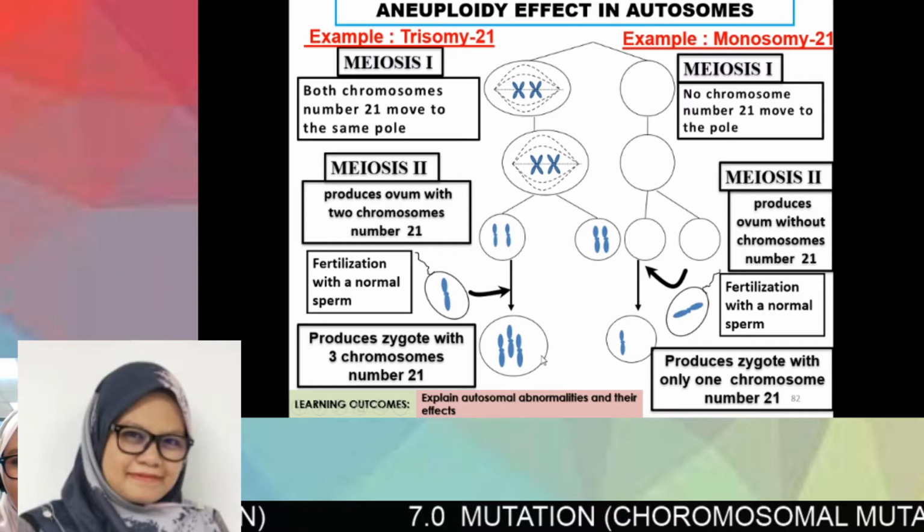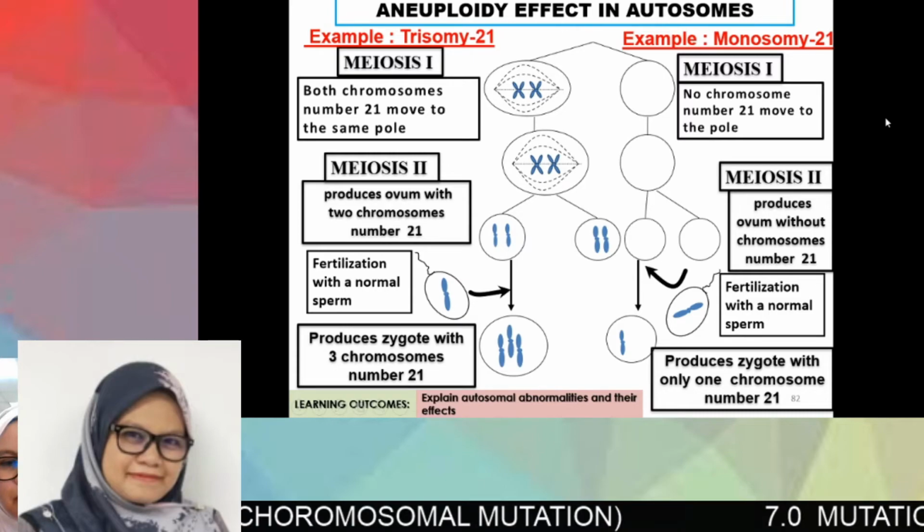Kes monosomy 21 pula di mana berlakunya non-disjunction so that the daughter cell akan tak bawa apa-apa, the gamet tak akan membawa apa-apa pun, tidak akan membawa apa-apa kromosom untuk kromosom pasangan ke-21 tu.